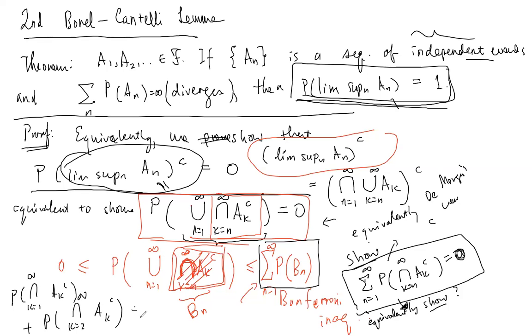You add everything and it becomes 0. What does this tell you about the individual probabilities?